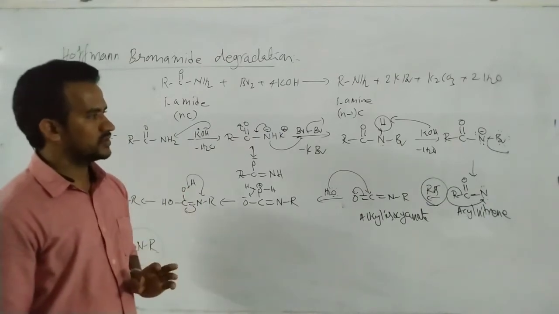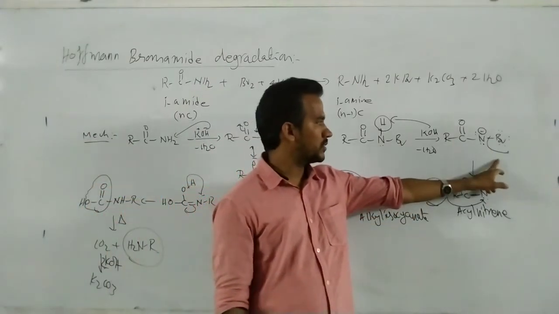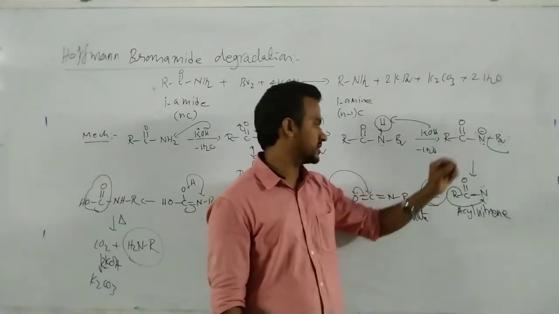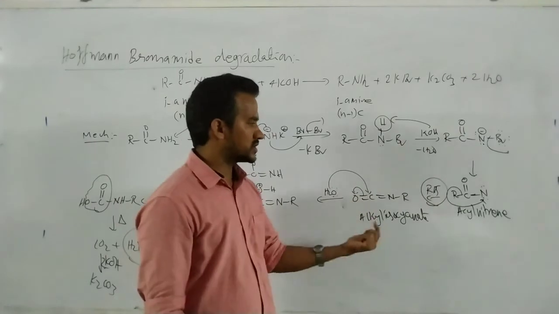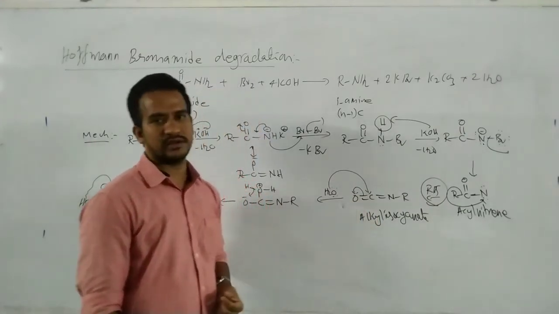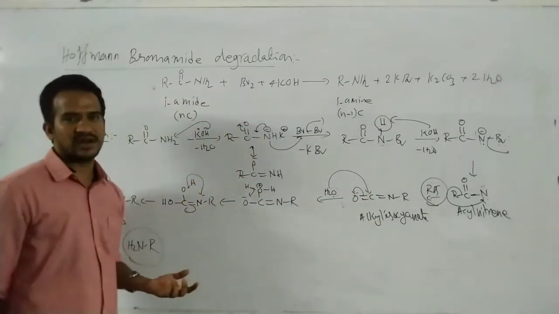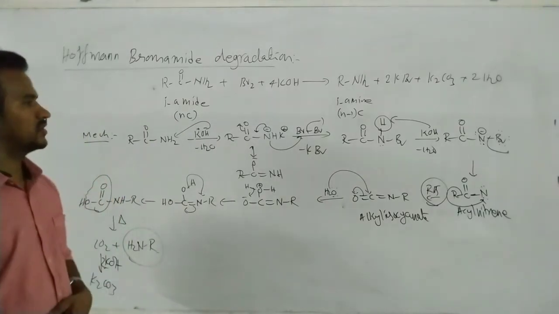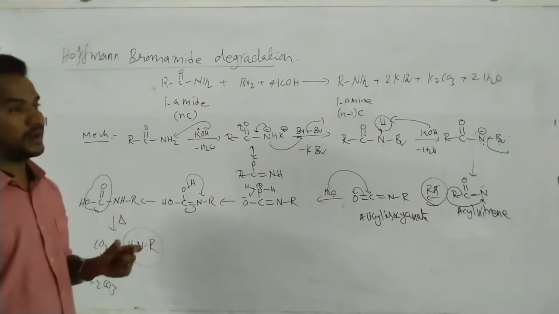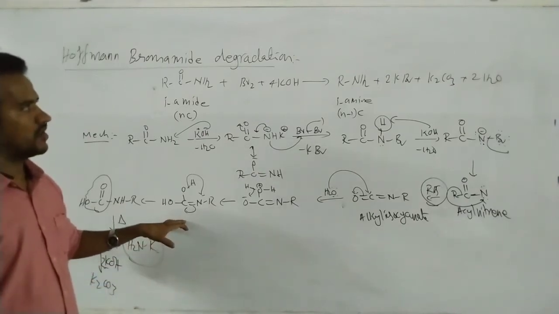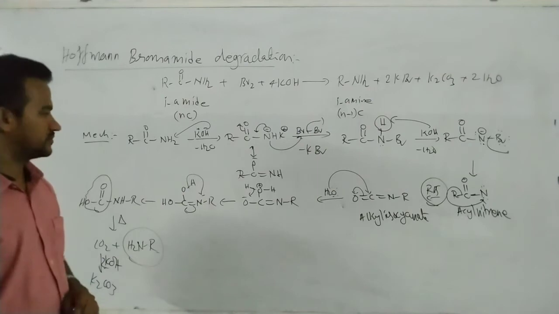So here acyl nitrene. By removal of the bromine, alkyl group migration takes place. So migration of the alkyl group is the rate determining step. By the migration of the alkyl group, we will get the alkyl isocyanate. Of course the mechanism is not necessary for the JEE Main exam. And we can see one previous paragraph on this Hoffman bromide degradation in the Advanced exam.